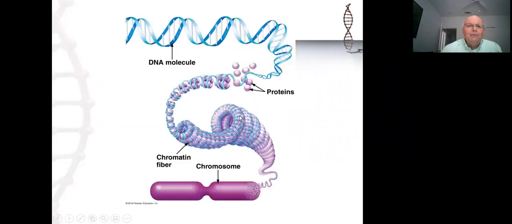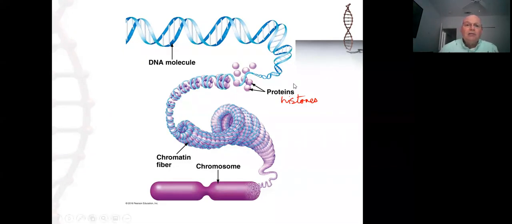And I've talked about the various features. So here is the DNA in its chromatin form. It's around some proteins called histones. These are unique to eukaryotic cells. We don't find histones anywhere else.